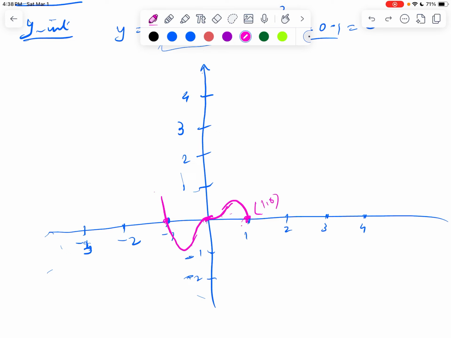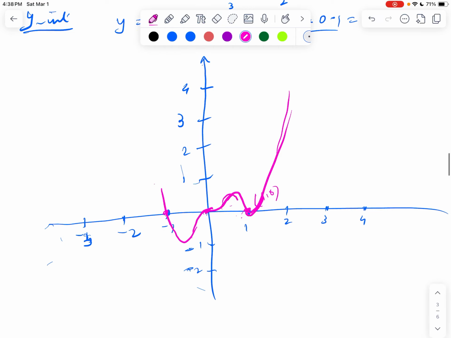So for now, this is what you can do. Erase a little piece from there. Do it again now and something like that. But I'll show you if we had taken the bigger scale, the graph would look much nicer.